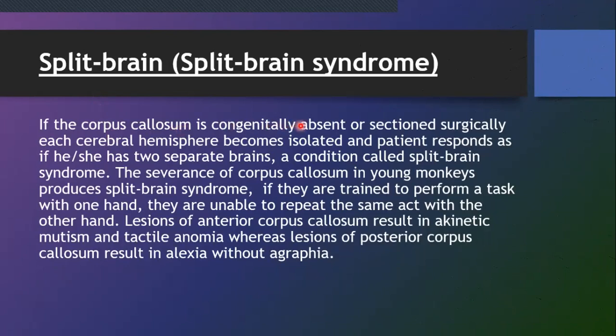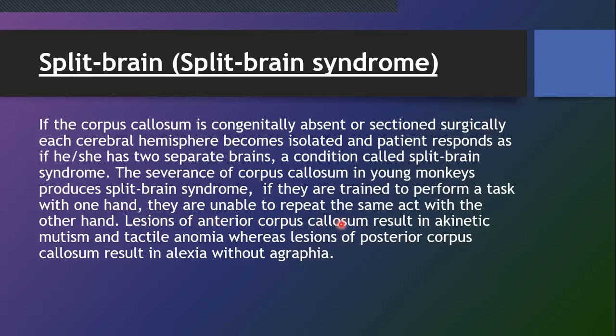If the corpus callosum is congenitally absent or sectioned surgically, each cerebral hemisphere becomes isolated and the patient responds as if he or she has two brains, a condition known as split brain syndrome. This was studied using monkeys, where severance of the corpus callosum in young monkeys produces split brain syndrome, such that if they are trained to perform a task with one hand, they are unable to repeat the same act with the other hand, because there is no interhemispheric transfer of information.